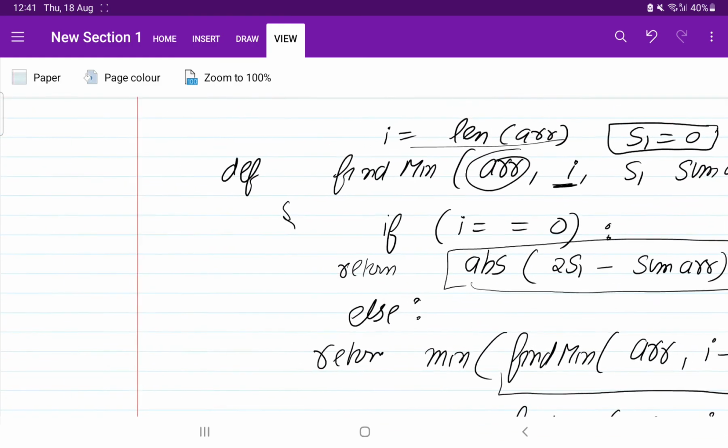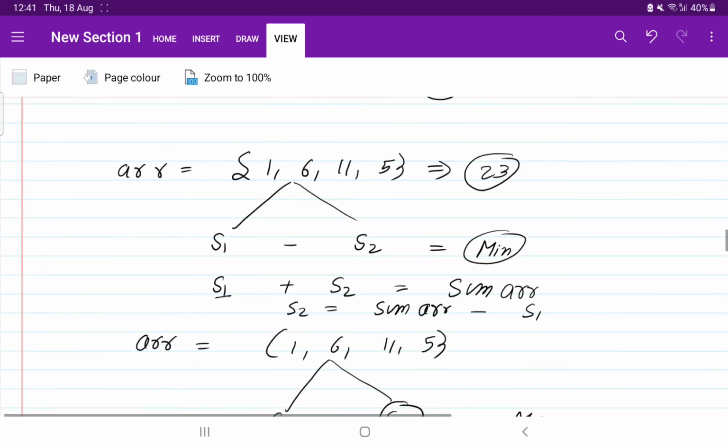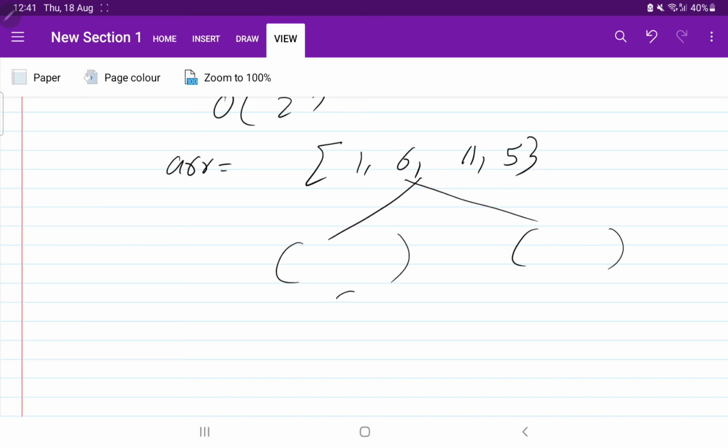The question was very easy. I will summarize in just 1 minute. Initially, an array was given to us containing the elements 1, 6, 11 and 5. We need to divide it into two subsets, S1 and S2, such that the difference is minimum.